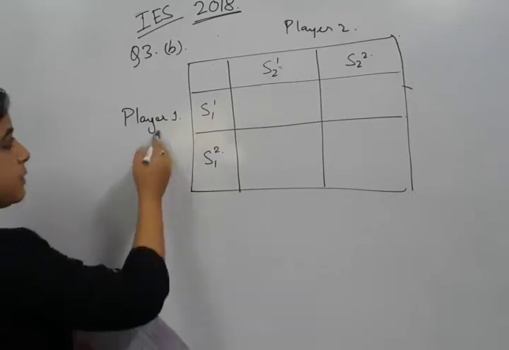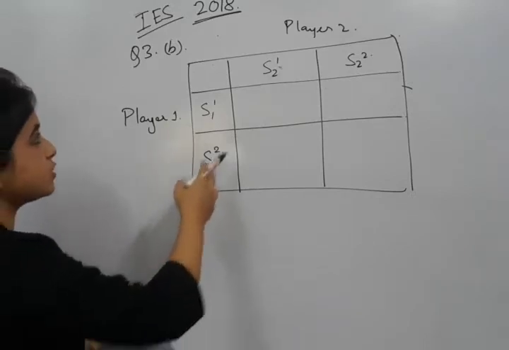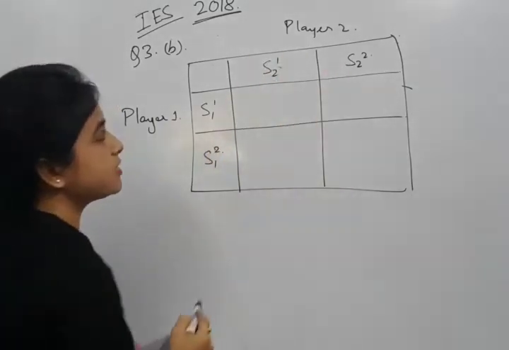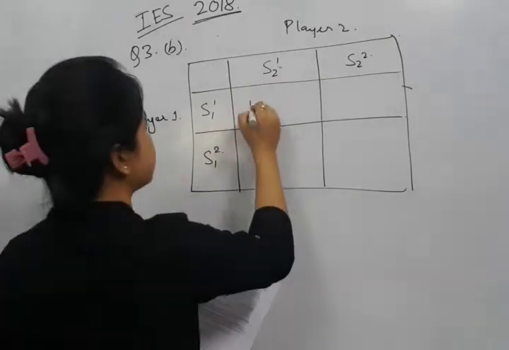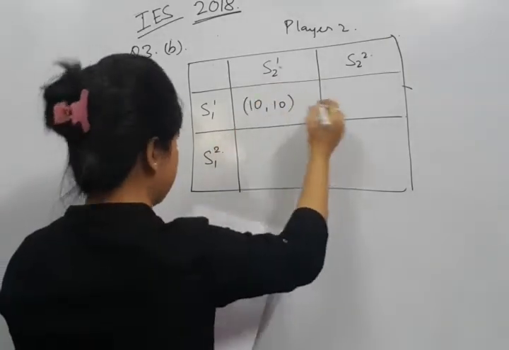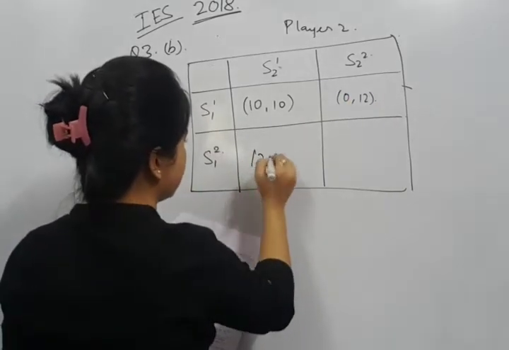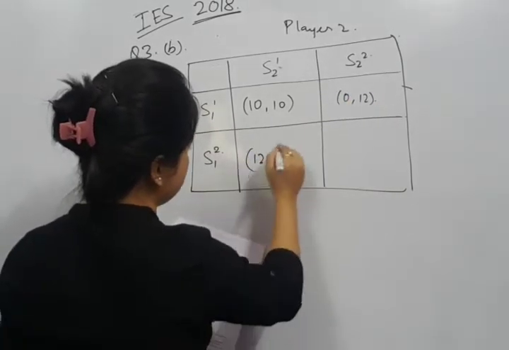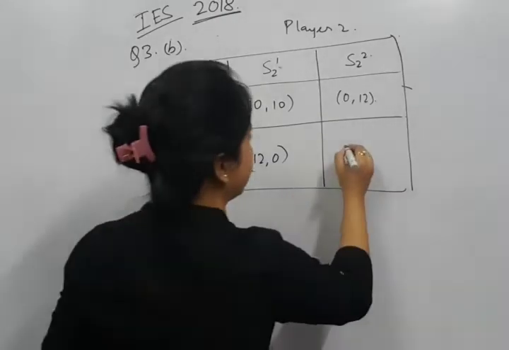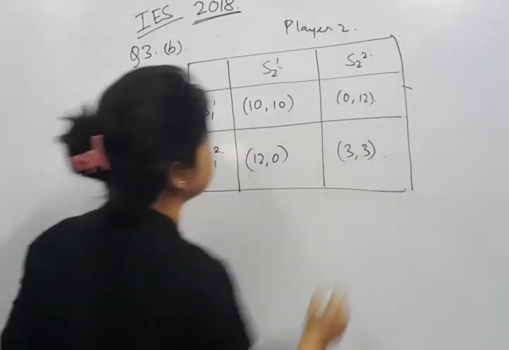So this represents player 1, and these are their strategies, and player 2, these are their strategies. The payoffs are given as 0 and 12, 12 and 0, and finally we have 3, 3.